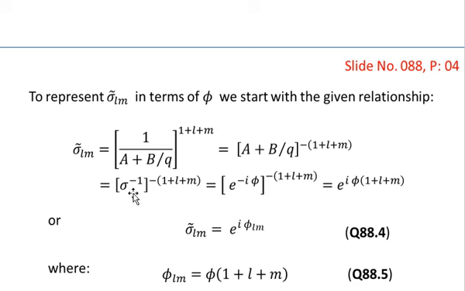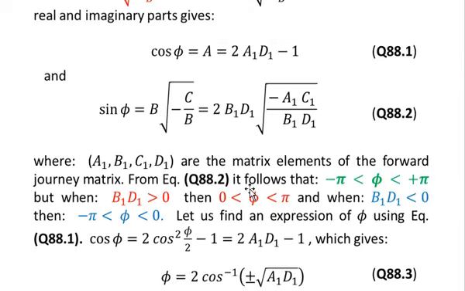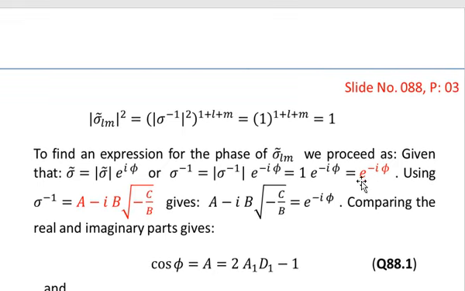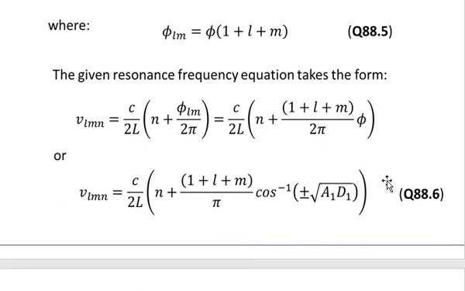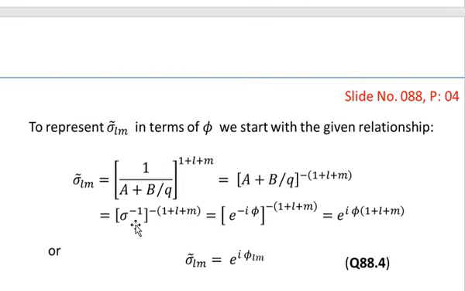And you know that we have established that sigma inverse is equal to e to the power minus iota phi. On the left hand side we have sigma inverse, on the right hand side we have e to the power minus iota phi. So using this value, we have e to the power minus iota phi raised to power minus 1 plus L plus m, and then the final result is e to the power iota phi multiplied by 1 plus L plus m.